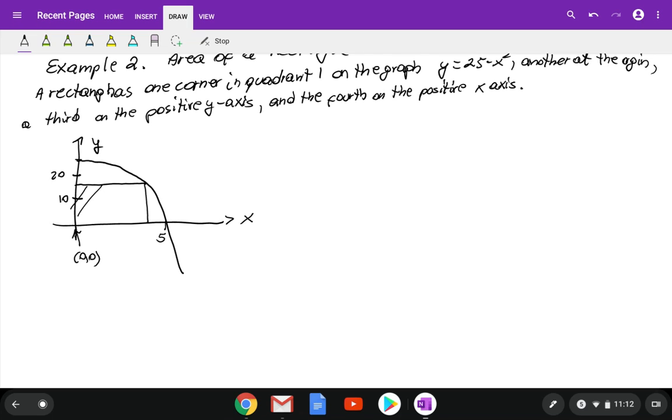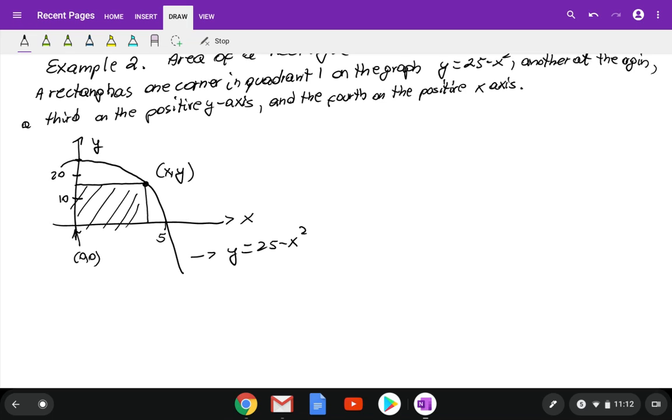And this point right here is (x, y), and this point belongs to the graph y equals 25 minus x squared. So 25 minus x squared is a parabola which opens down, and we only see part of that graph. And we have the origin.